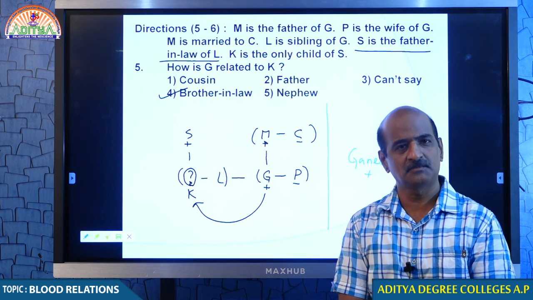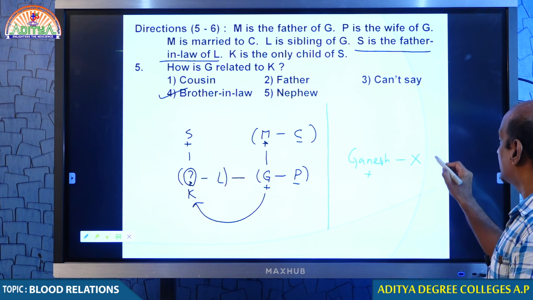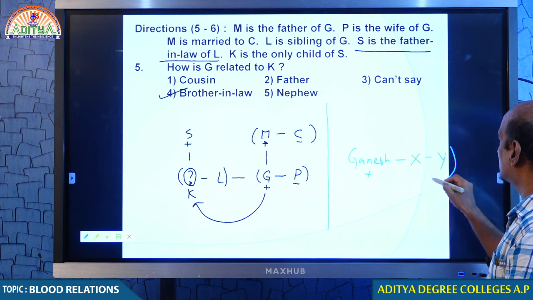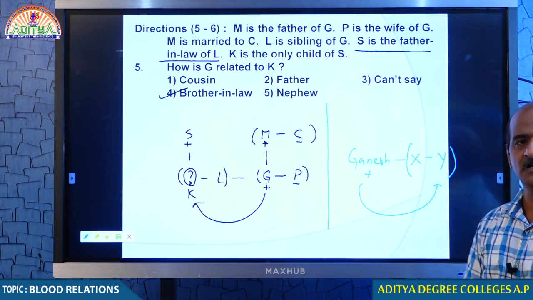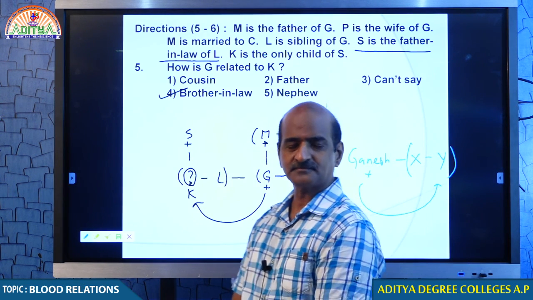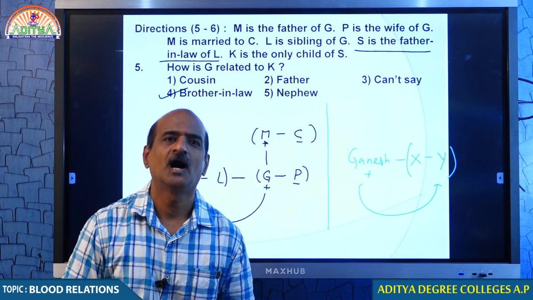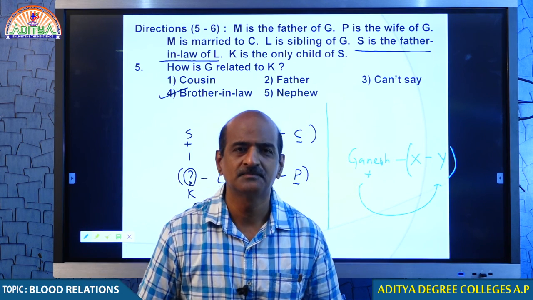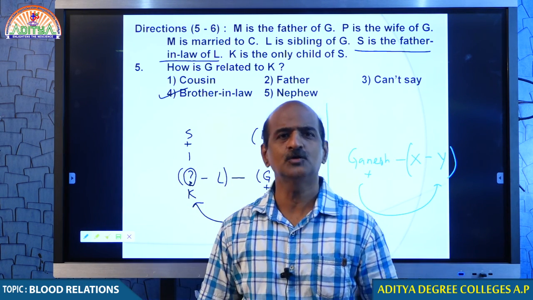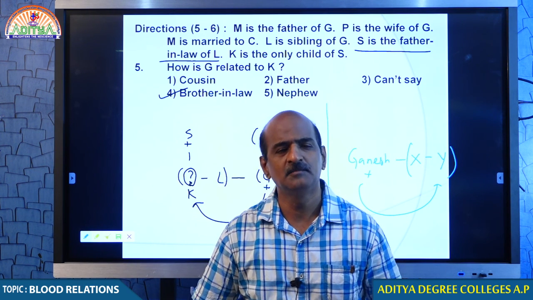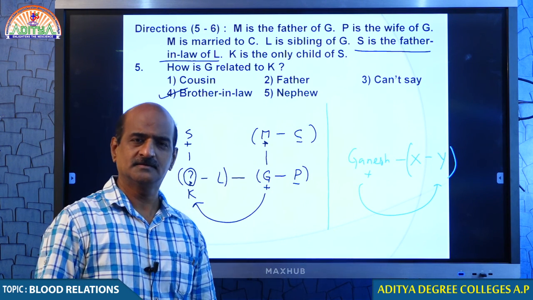I got one sibling X. X got married to Y. Can you tell me how Ganesh is related to Y? Myself, how am I going to relate it to Y? Brother-in-law. When I am brother to X, I will be brother-in-law to Y.